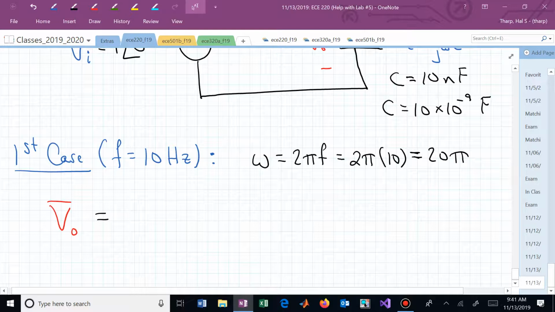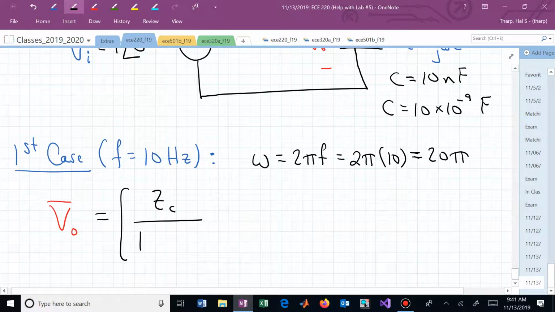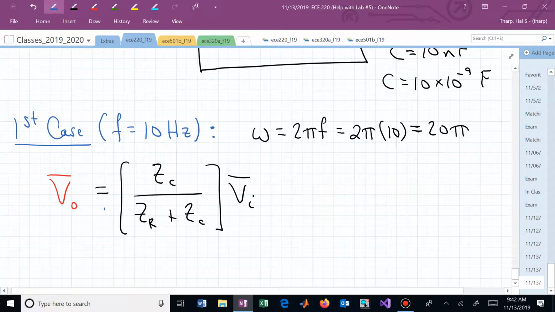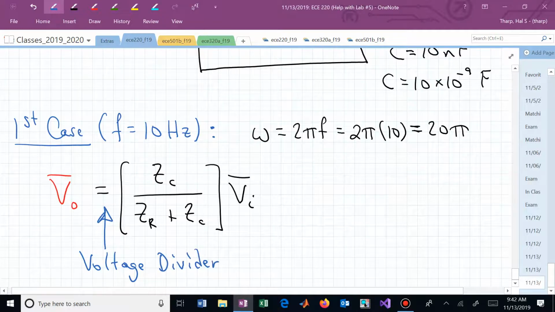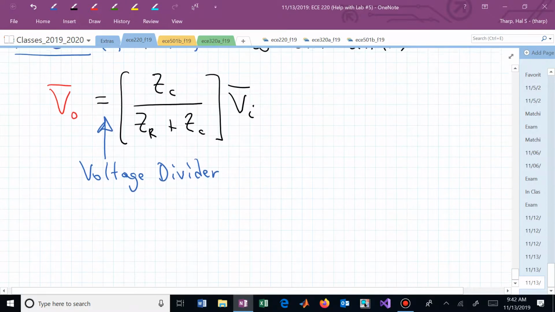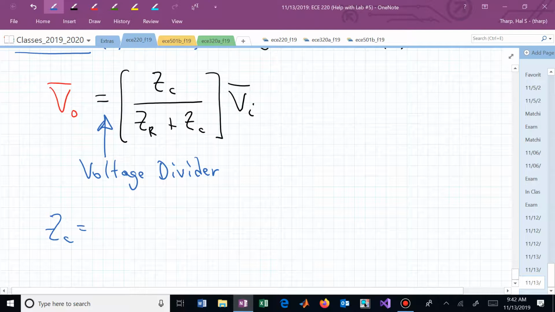That's determined by our frequency f, which is 10 hertz. This is now Z sub C over... and can I do Z sub C by itself? Z sub C is 1 over j omega C.